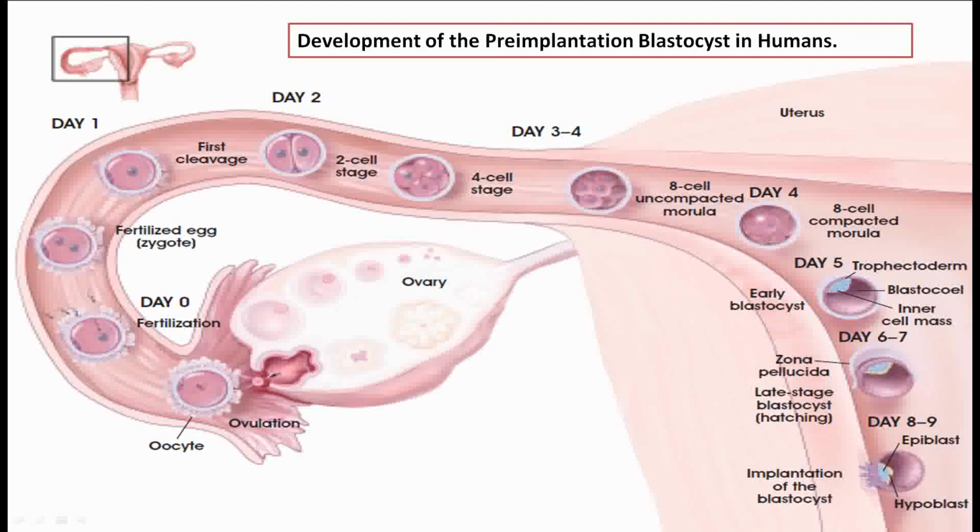Here you can see this is the ovary. Ovulation is happening from the ovary. This is the process of ovulation, and this is our ovulated oocyte.